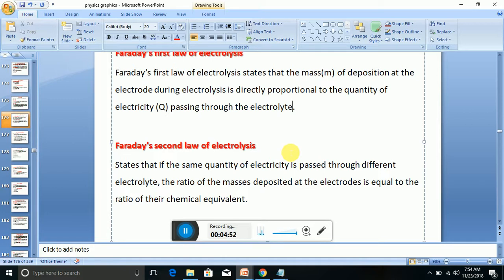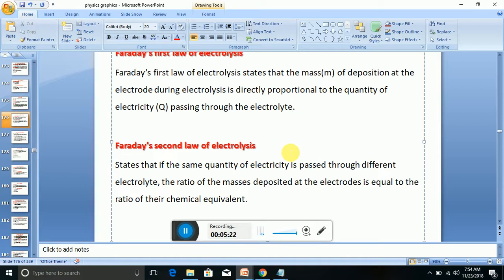First is Faraday's first law of electrolysis, which states that the mass of deposition at the electrode during electrolysis is directly proportional to the quantity of electricity Q passing through the electrolyte. So you can say that M varies directly as Q. And you can introduce a constant and say M is equal to KQ, where K is the constant.